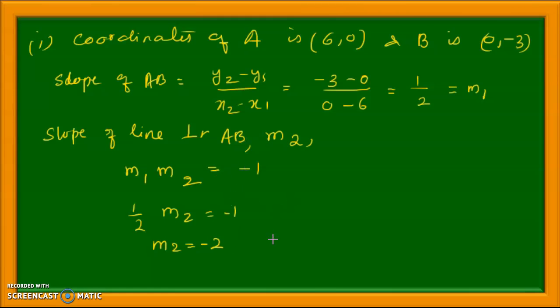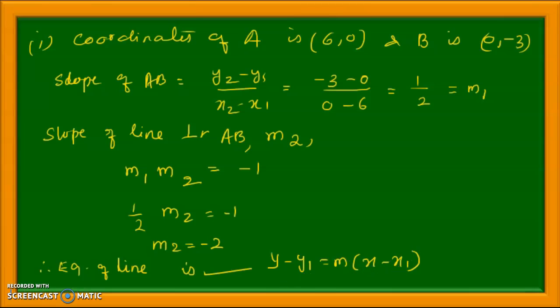Then how can we write the equation of the line? The equation of the line perpendicular to AB passing through P is y minus y1 is equal to m into x minus x1.